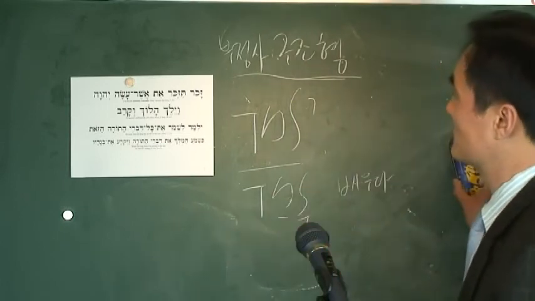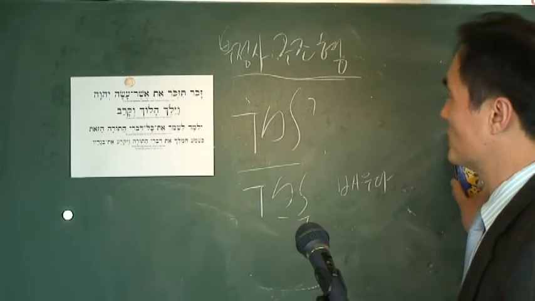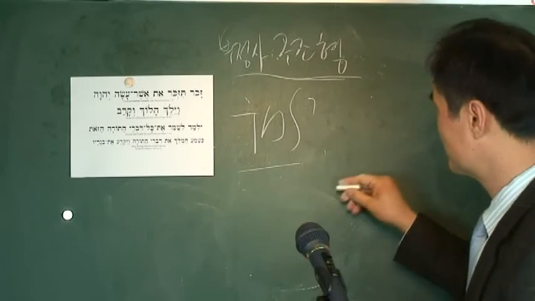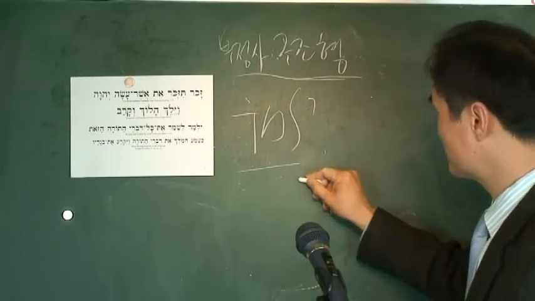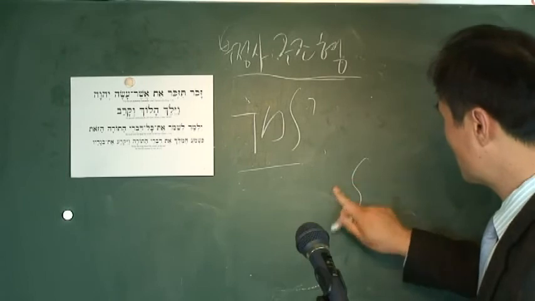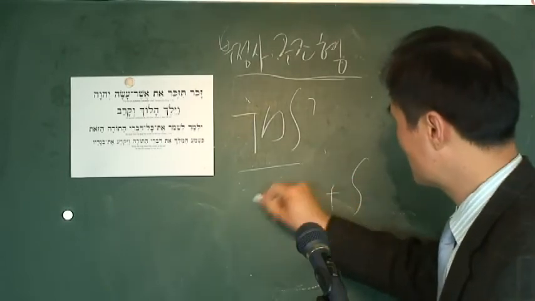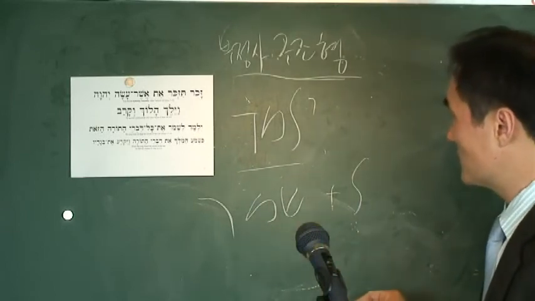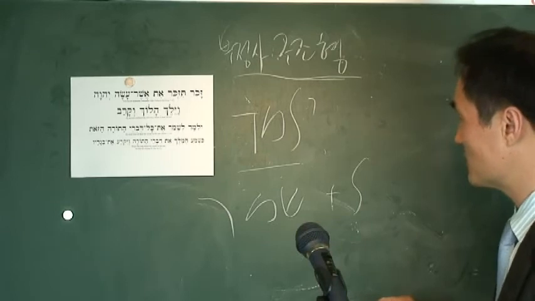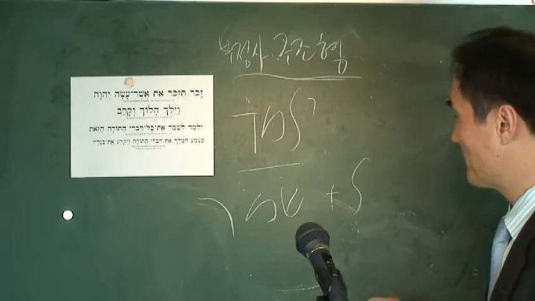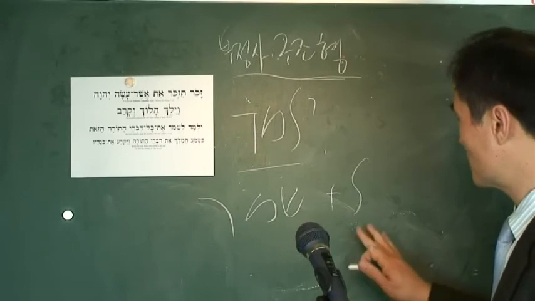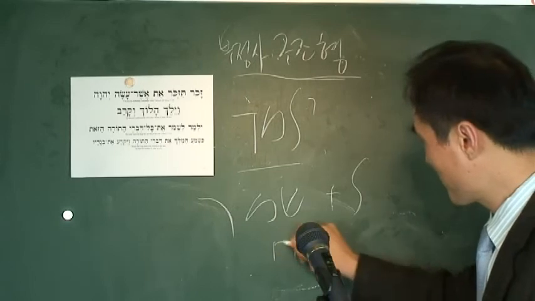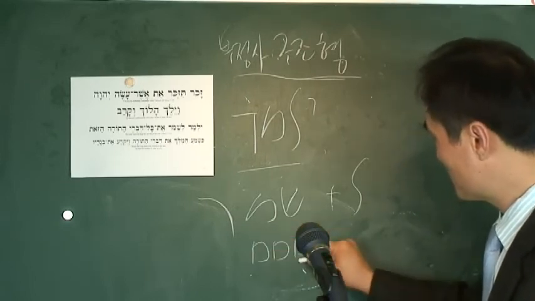Following the main verb is the infinitive construct form of the verb shamar, which has been combined with the preposition le. Le and shamar is li shamar, and this construct state has removed the prefix from the imperfect form, shewa and o.